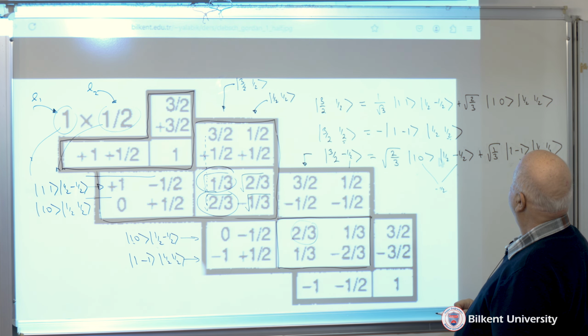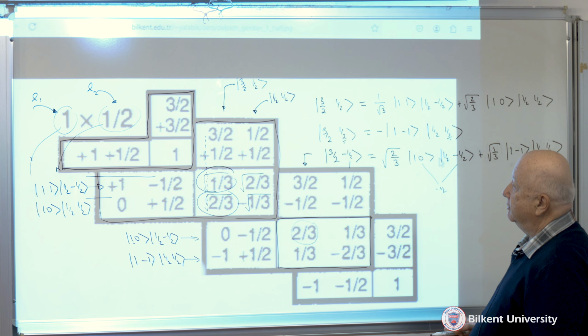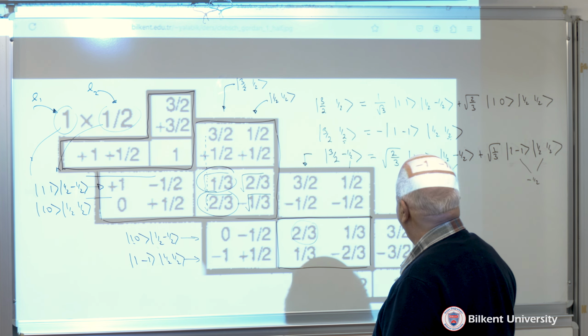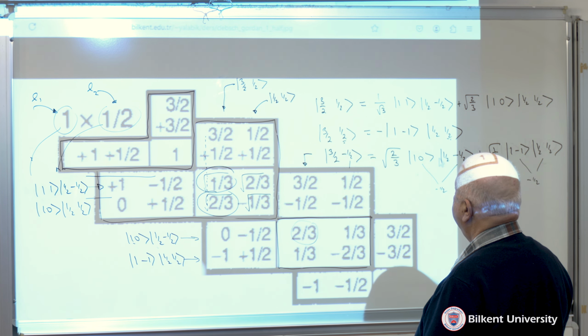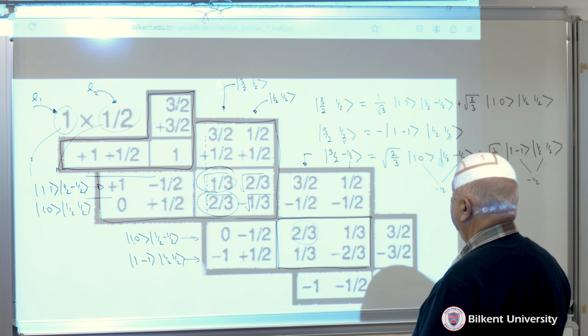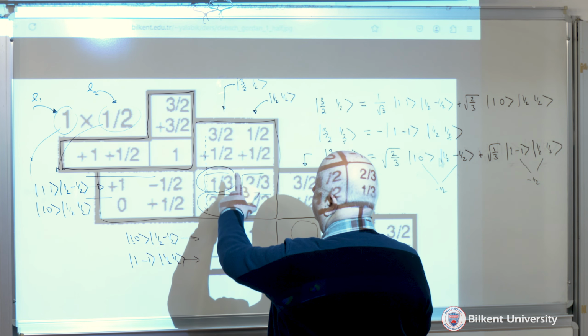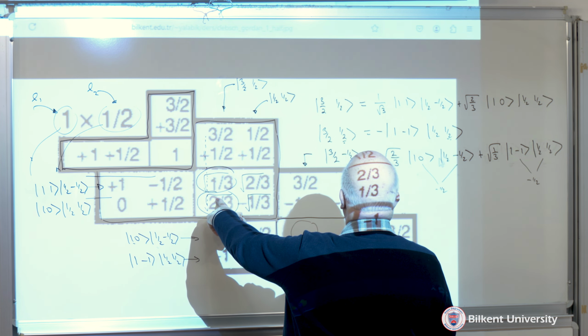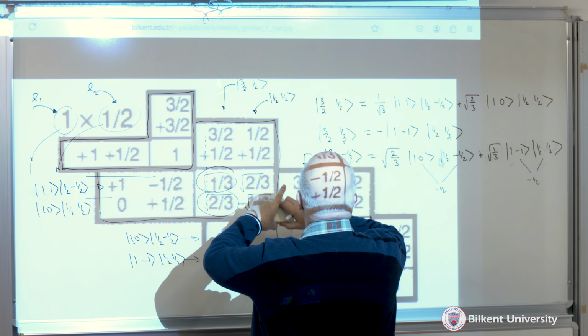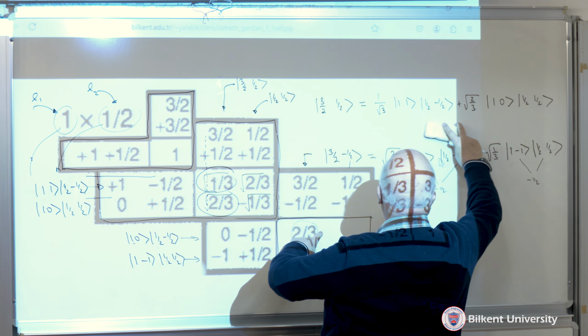Why do I get myself into trouble? 3 over 2, 1/2. What did I do wrong? Yeah, I put down the wrong things here. For 3 over 2, 1/2, I should be using this stuff, so this line is out.